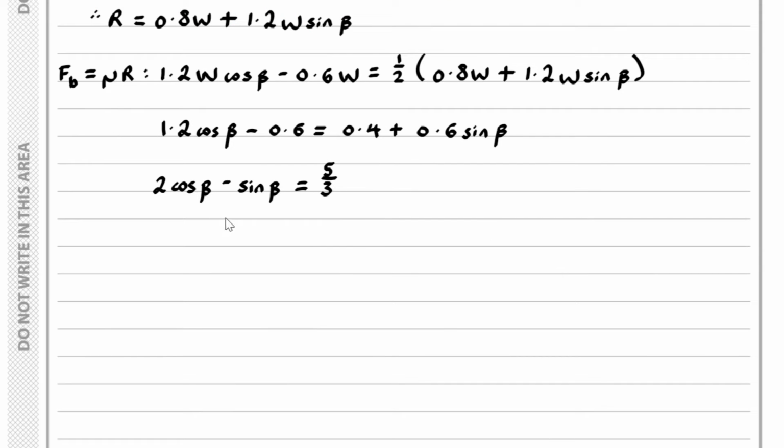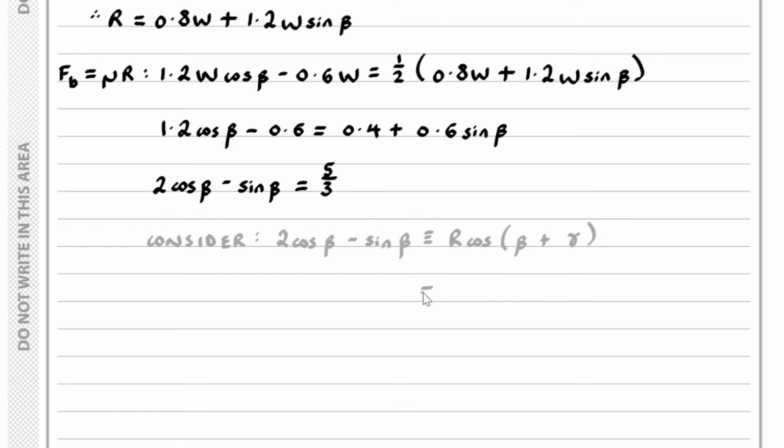Now what we'll do is we'll try to simplify the left hand side. On the left hand side we've got 2 cos beta minus sine beta, which in harmonic form is equivalent to R cos of beta plus some value gamma.